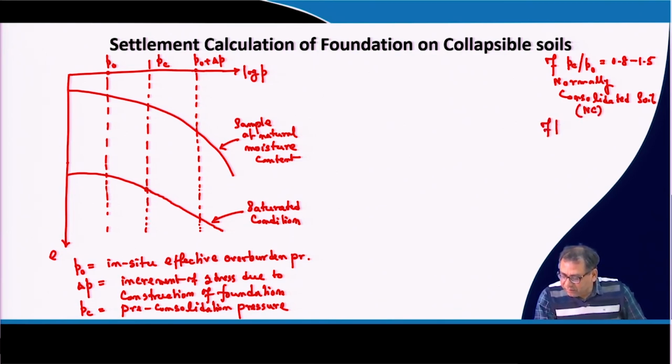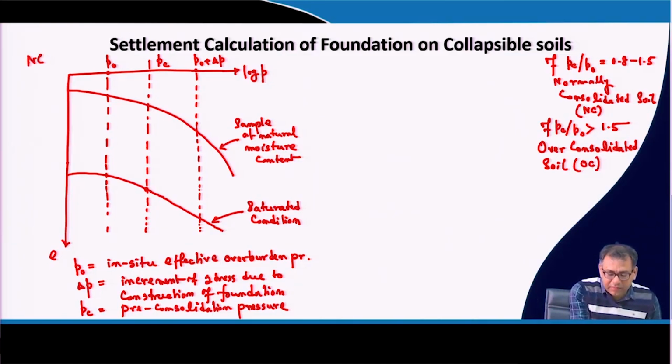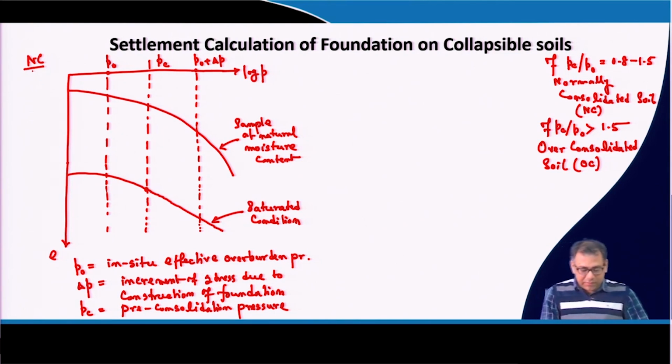If PC divided by P0 is greater than 1.5, then it is over consolidated soil, or OC. So, this curve that I am drawing is for NC, the normally consolidated soil.